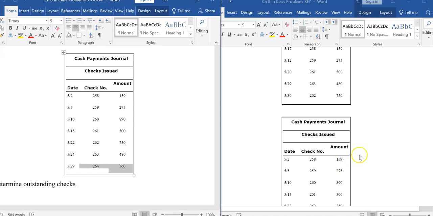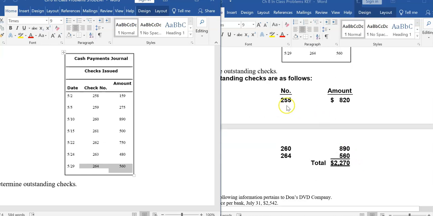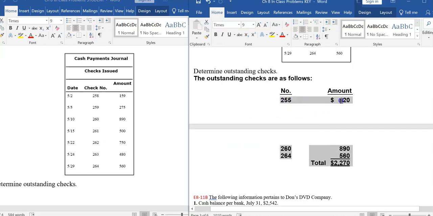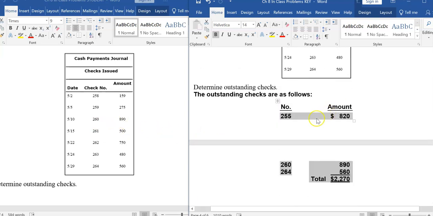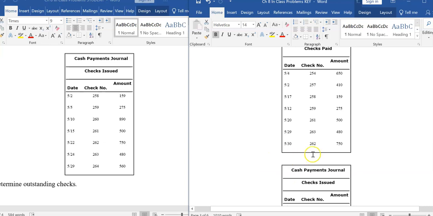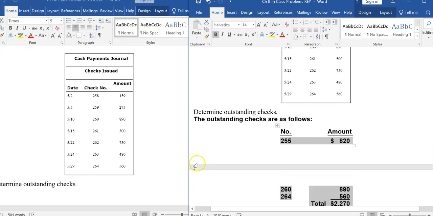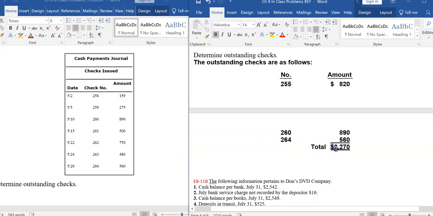So we have now identified the 3 checks that are outstanding. 255 from April that still has not cleared. Check 260 written in May that has not cleared the bank. And check 264, which was written in May and it has not cleared the bank. So our total outstanding checks, $2,270.